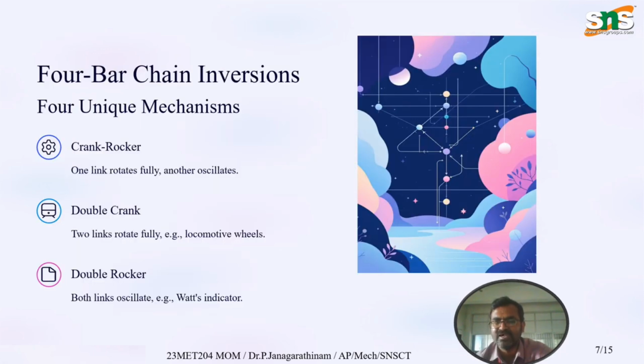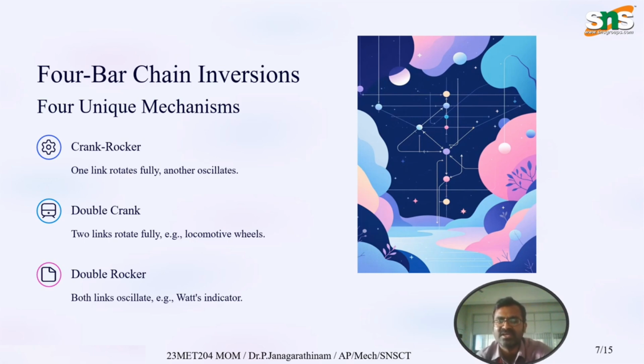The major inversions of the 4-bar chain mechanism: we already discussed that there are 4 links, like crank, connecting rod, follower and base. We make modifications to implement new mechanisms like the crank rocker mechanism, double crank mechanism and double rocker mechanism.